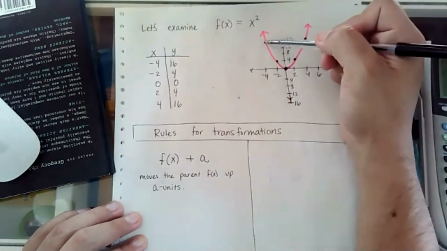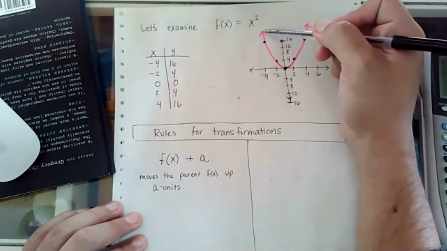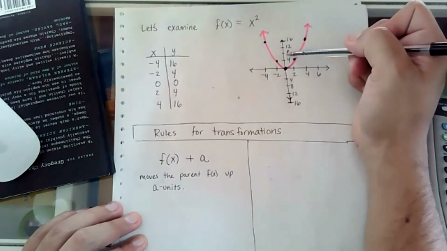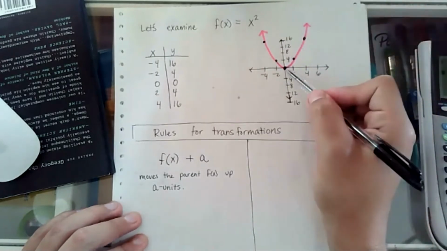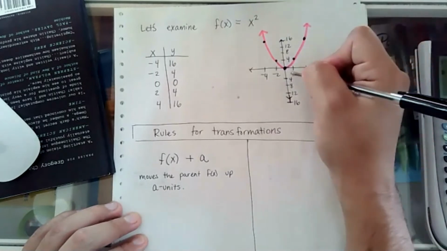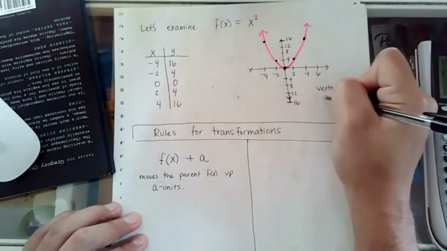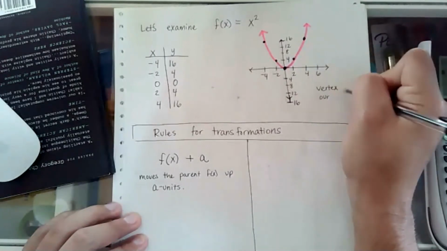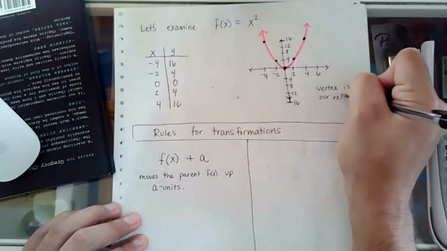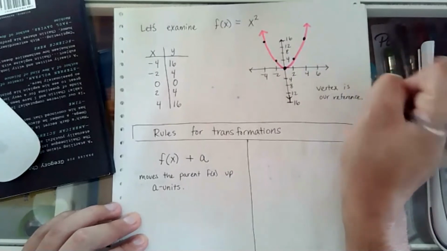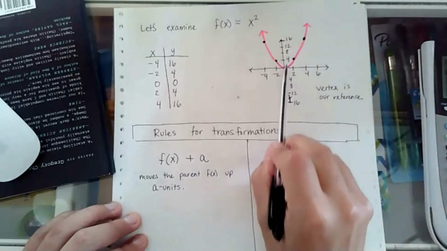So each of these points would move up. And for a parabola, this bottom point here, we call the vertex, and that's going to be our reference point, so we can follow where the vertex goes.